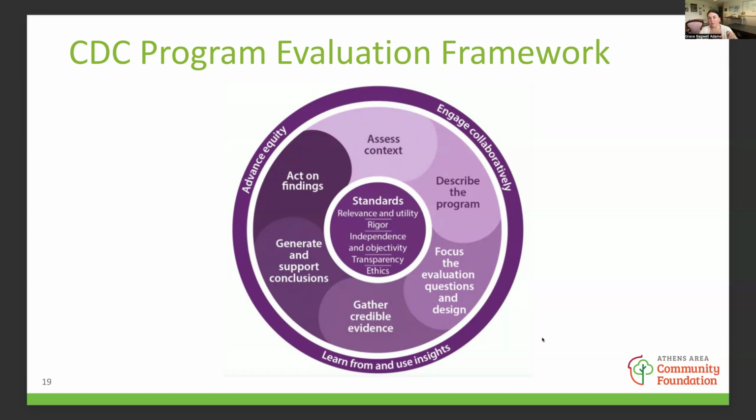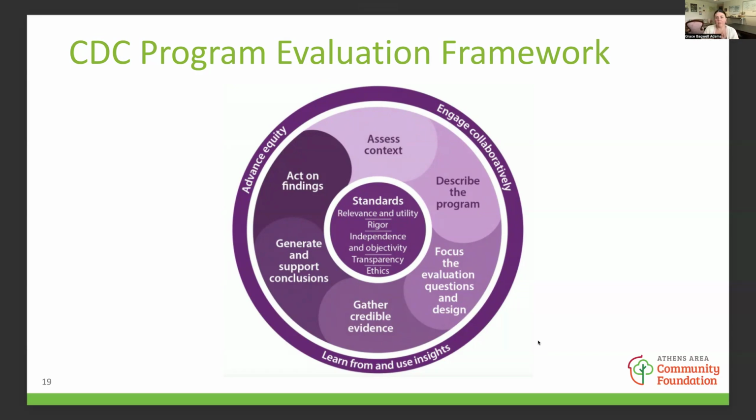The shape of this is a circle, which connotes a cycle. And so evaluation is something in an ideal situation that you actually do not do just once, once a program's over, but throughout the entire process, in the planning of the program, the execution of the program, and then looking back once it's happened to see what happened. Did we achieve what we wanted to achieve?